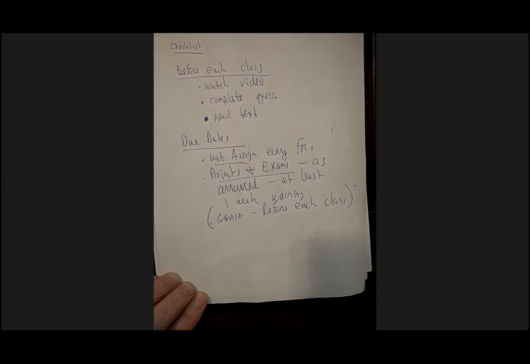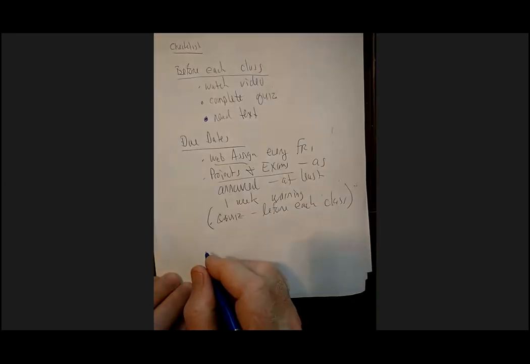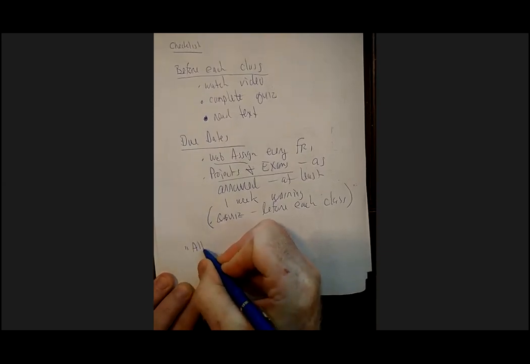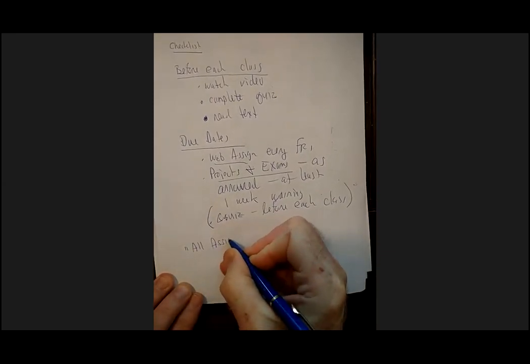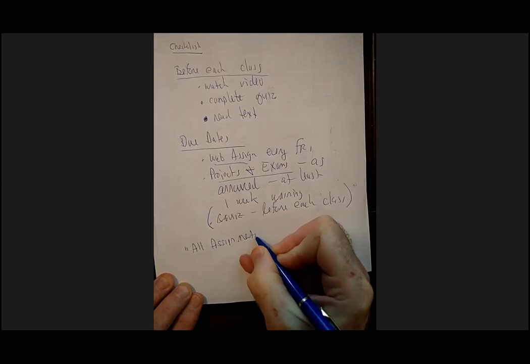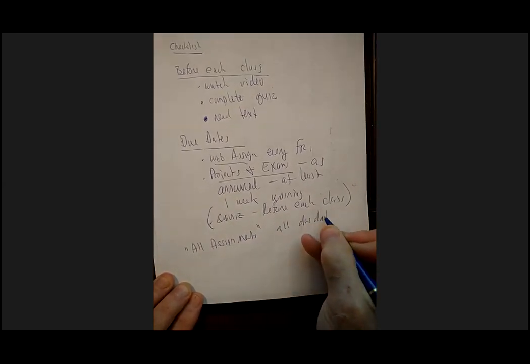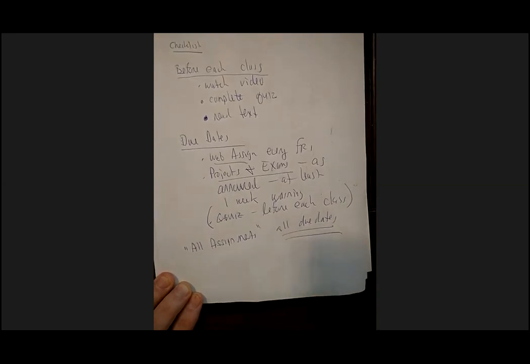So I'll try to be very clear on due dates. I give you a running tally without links of all the due dates as I announce them, so that's a good place to go double check on the website.